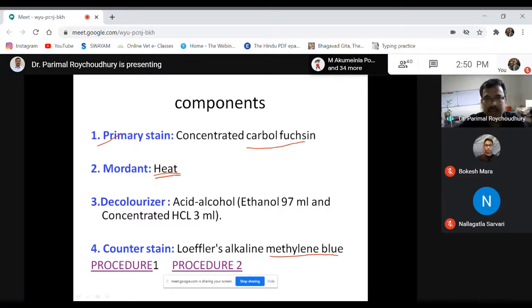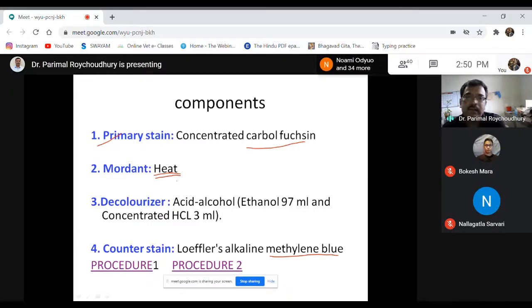This heat acts as a mordant. Please note it down. The definition of a mordant is that mordants are certain physical or chemical agents that help in fixation of the primary stain. In gram staining, the mordant was a chemical agent, but here in acid-fast staining, it is a physical agent. It is heat.